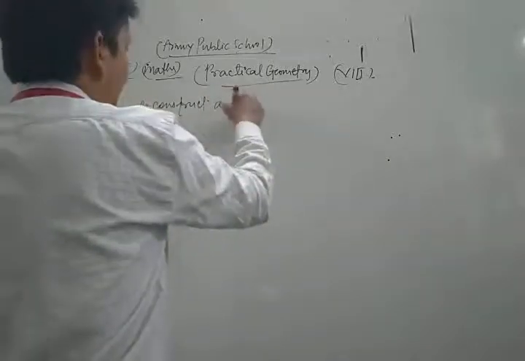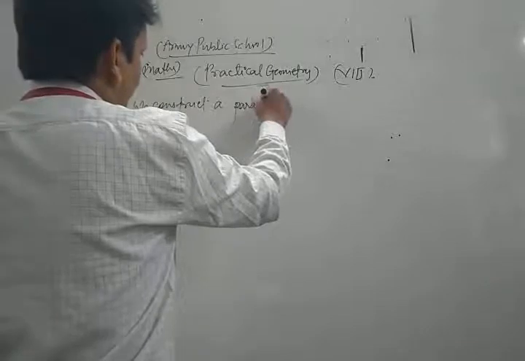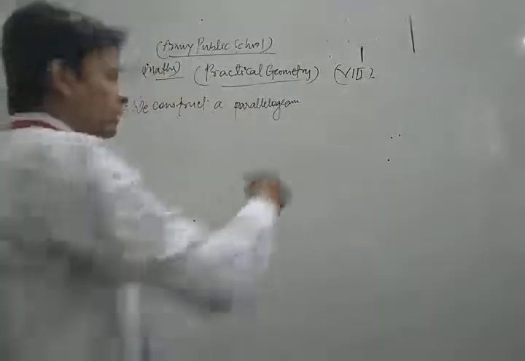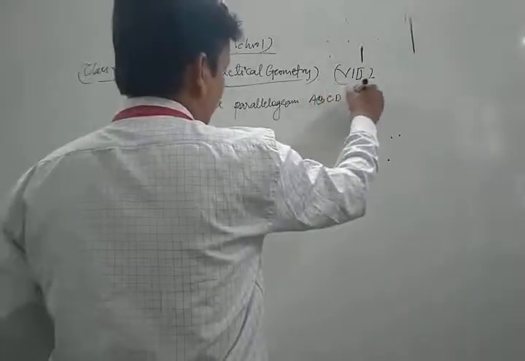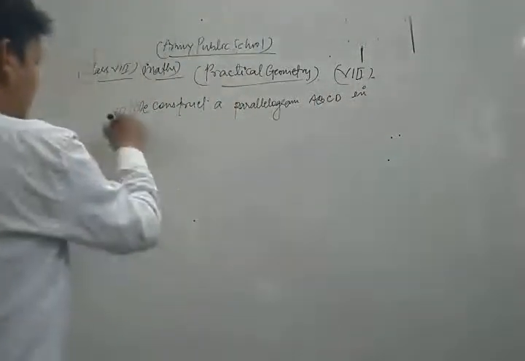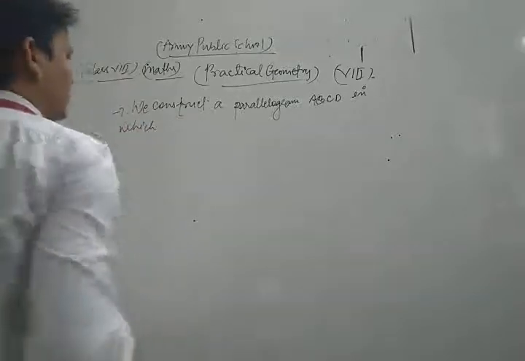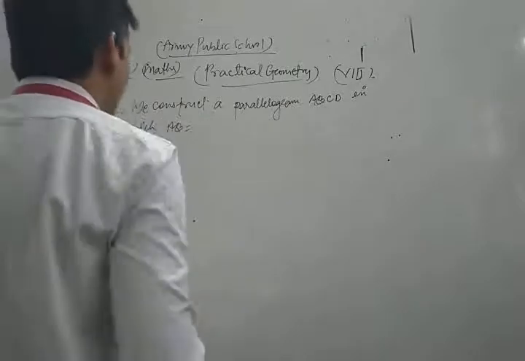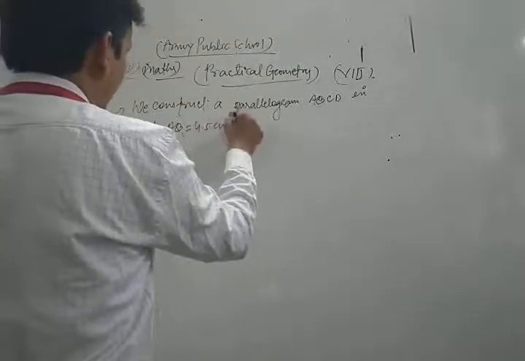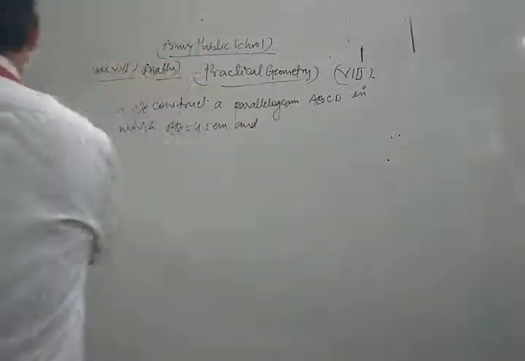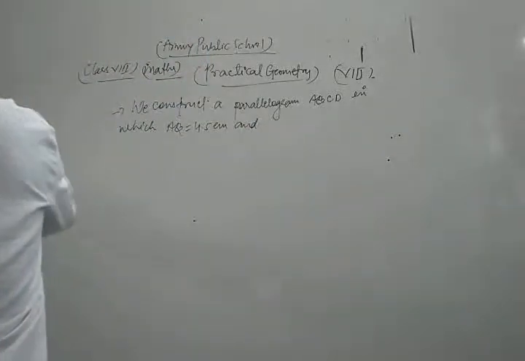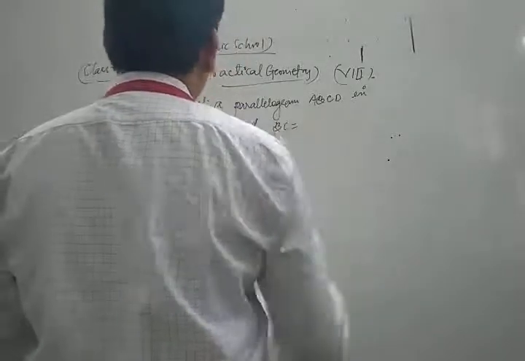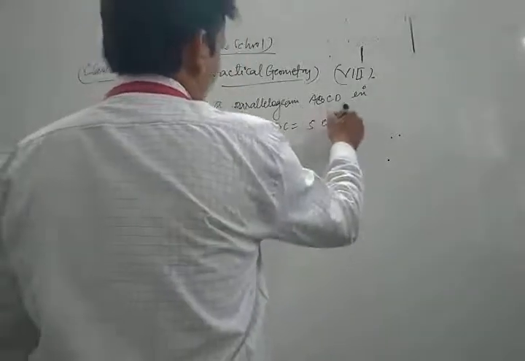Now, suppose that we construct a parallelogram ABCD in which AB is equal to 4.5 centimeter and BC is equal to 5 centimeter.